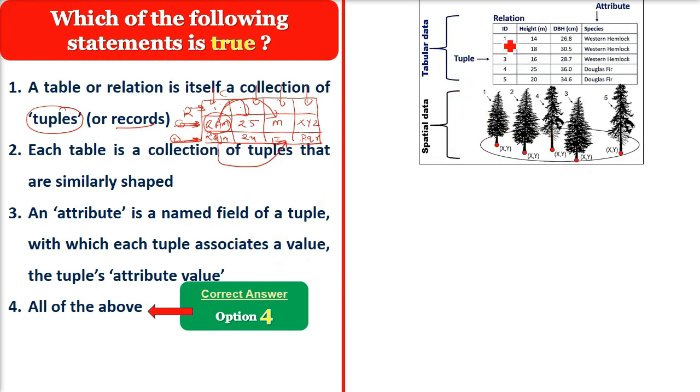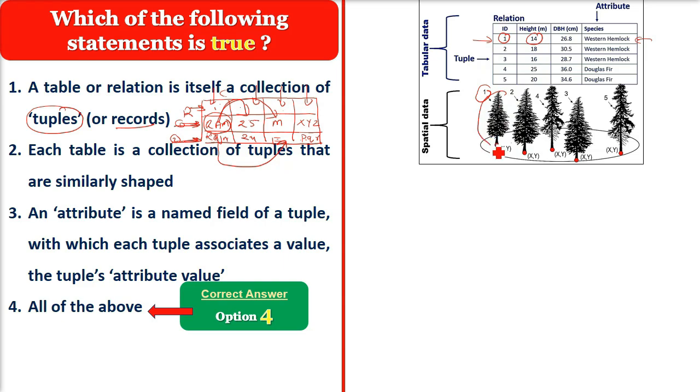So let us take an actual world example of GIS. You have trees. We are calling these trees 1, 2, 3, 4, 5. The first tree has height 14, the DBH is 26.8, and the species is western hemlock. So this first row is just a tuple, a record.